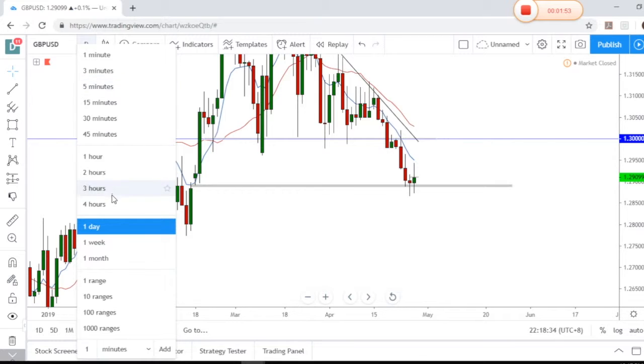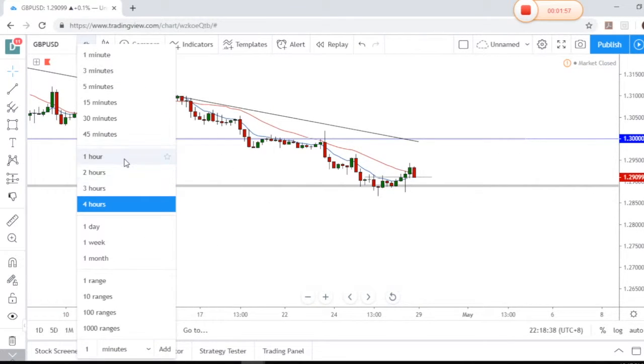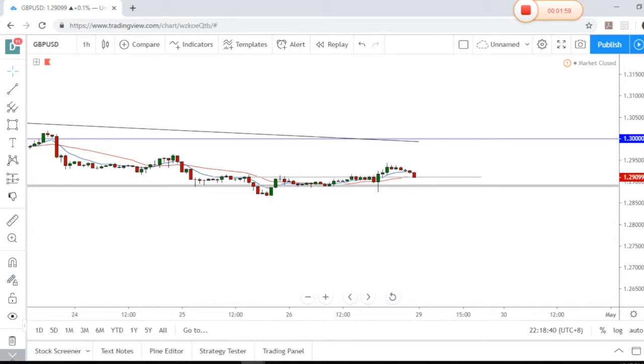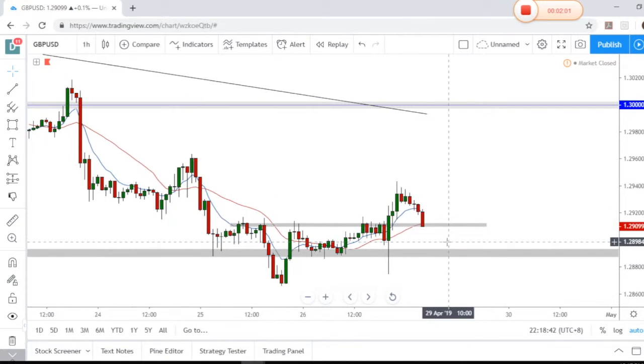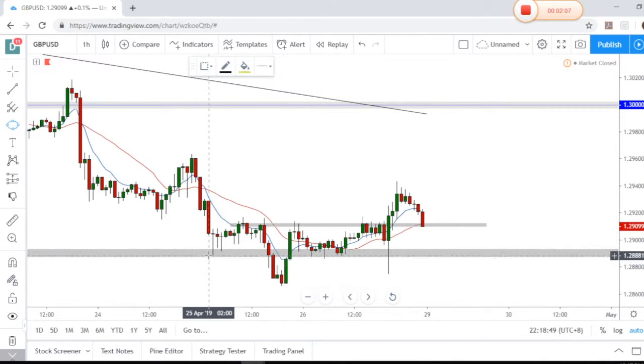When we look into a smaller time frame, let's go to our hourly time frame. On the hourly time frame, if you guys notice here, there is some sort of reversal pattern, which is an inverted head and shoulders, which I'm going to show you guys.